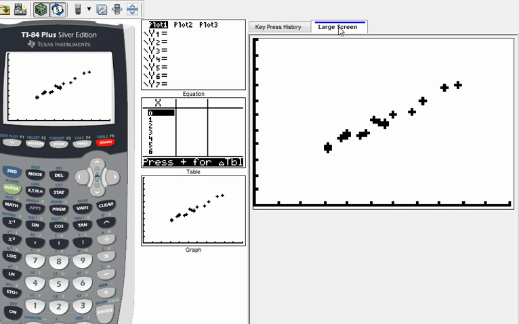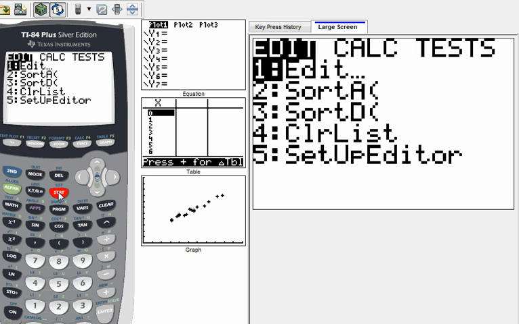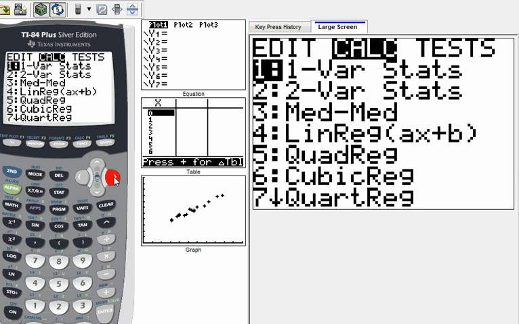Now remember, we wanted to get an equation for this, and this is where calculators are really cool. Just press second mode to get out of there. We're going to do some calculating here. We're going to press Stat, arrow one time over to Calc, and then we're going to do number 4, which is called linear regression.